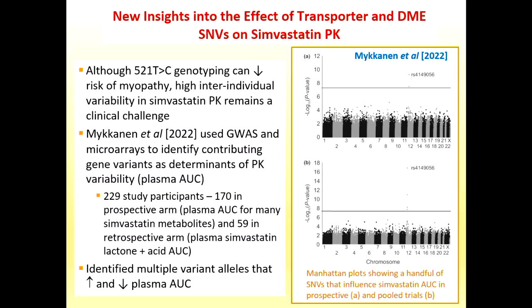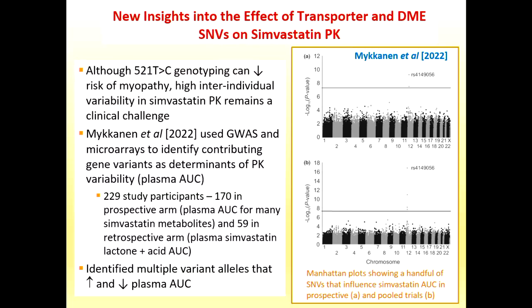their simvastatin pharmacokinetics. So this group in Finland, a lot of pharmacogenomics going on in Finland, probably because it's a relatively small population and genetically homogeneous, so you've got a lot of pharmacology going on in pharmacogenomics as well. And they also asked, well, what are the other genes predisposing people to variable pharmacokinetics.